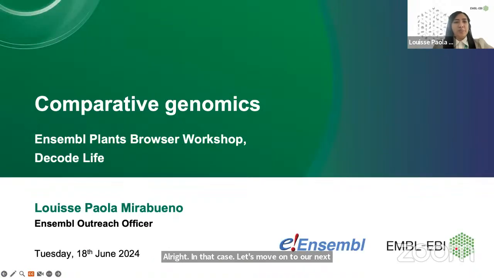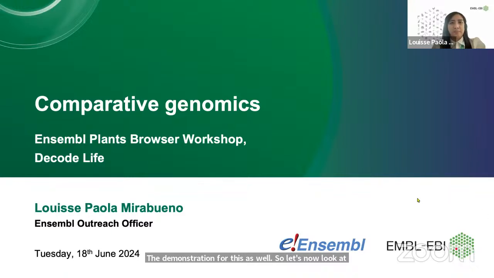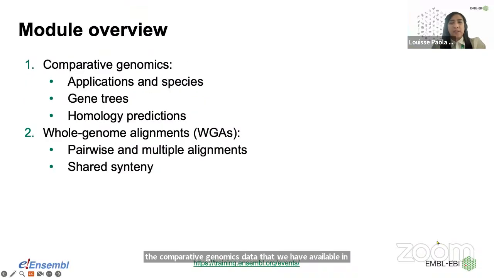And hopefully I'll be able to get through the demonstration for this as well. So let's now look at the comparative genomics data that we have available in Ensembl Plants. So we're going to look at two main themes in this module. I'll talk about the applications of comparative genomics and the species that are available in Ensembl.